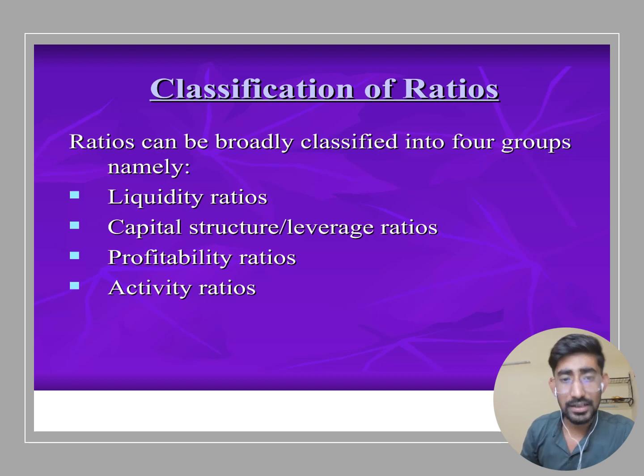The first one is liquidity ratio. The second one is capital structure or leverage ratio. The third one is profitability ratio, and the fourth one is activity ratio. In this video we will just discuss the liquidity ratio, and later on we will discuss the other three in different parts of this video series.